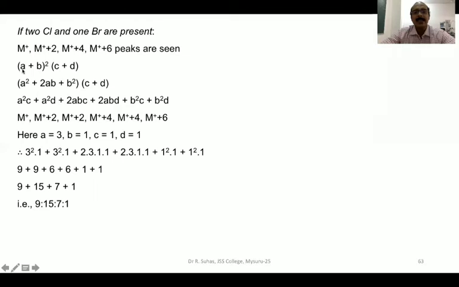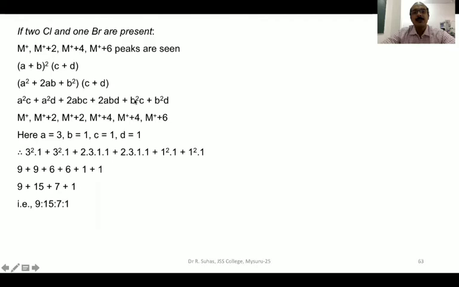In this case, A becomes 3, B becomes 1, C becomes 1, D becomes 1. So substitute A equal to 3, B equal to 1, C equal to 1, D equal to 1 in this final expression. A square C: 3 square into 1. Next A square D: 3 square into 1. 2ABC: 2 into 3 into 1 into 1. 2ABD: 2 into 3 into 1 into 1.